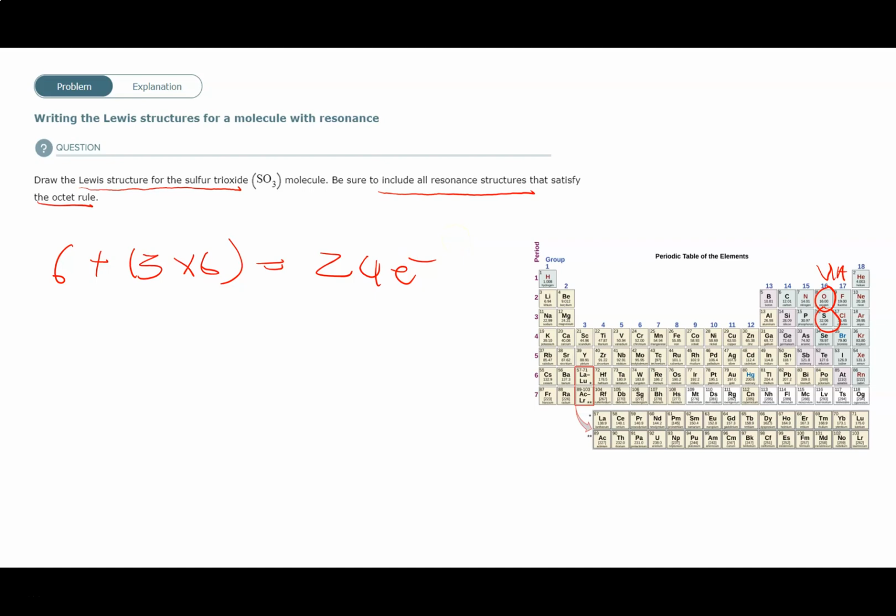Now they're both in group 6, but remember we said the central atom will be the one that is lower down in the group if they're in the same group. So our central atom is going to be sulfur, and then we have our 3 oxygens attached. That means we're going to use up 6 electrons, 2 electrons for each bond, in order to get the oxygens attached. So now I've got 18 electrons left to finish everything off.